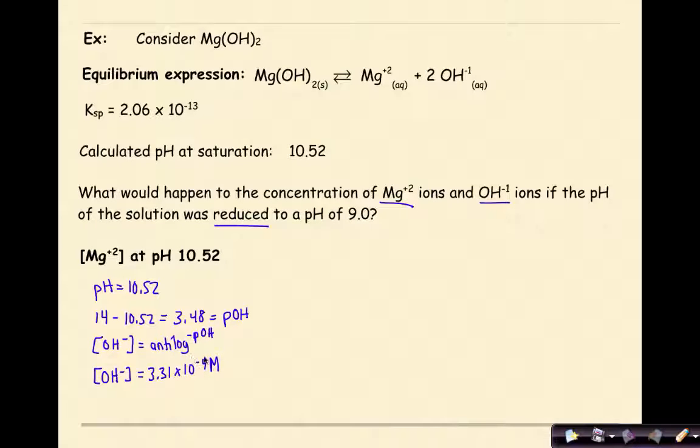That's a 4 up there. All right, so that's my hydroxide ion concentration. Then I'm going to take my KSP expression. So KSP is equal to my magnesium ion concentration times my hydroxide ion concentration squared. I'm given a KSP, which is 2.06 times 10 to the negative 13.